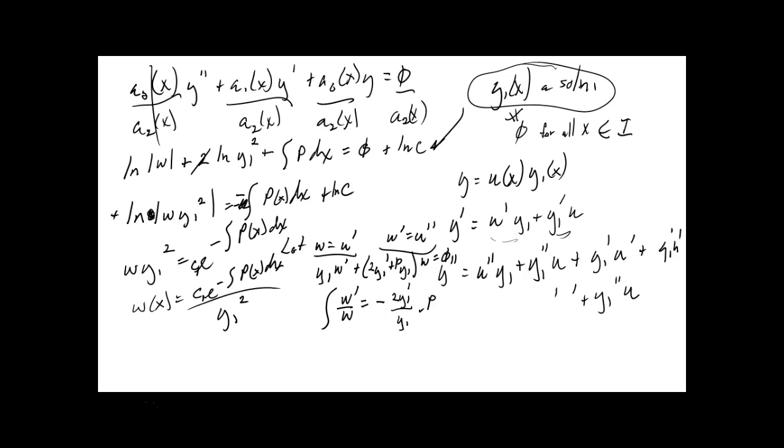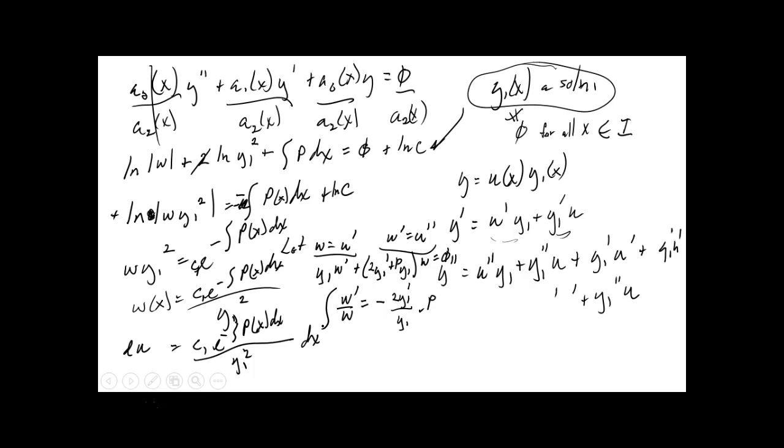W is equal to u prime, which is du, and I'll put my w is equal to C1 e to the minus integral of p of x dx over y squared, or that's y1 squared, I believe it is. And then this is times dx.